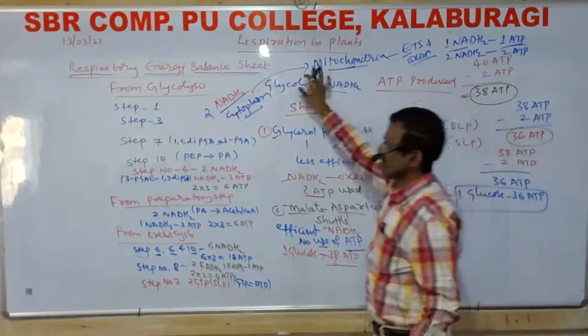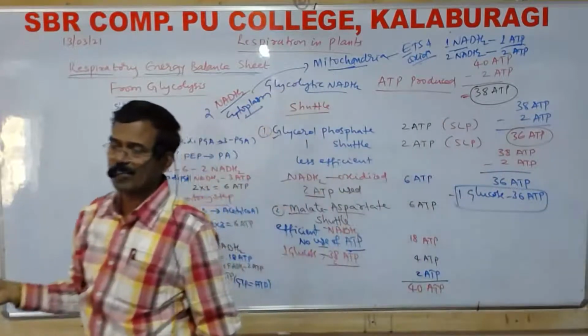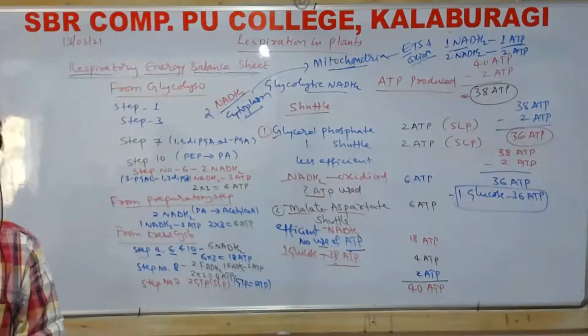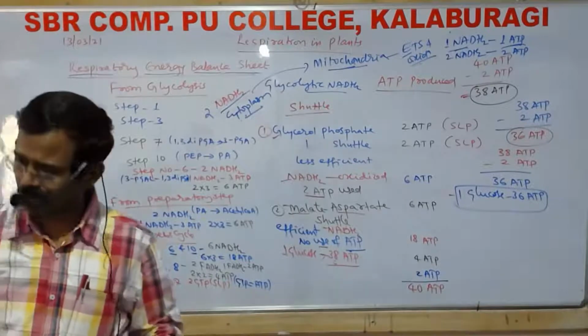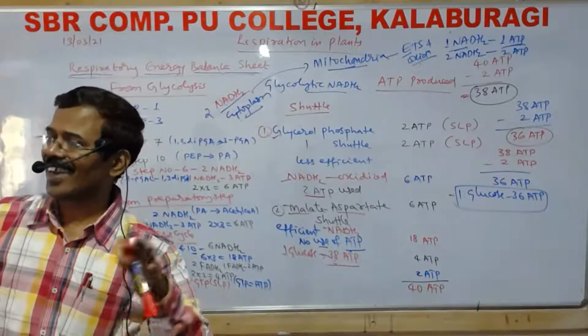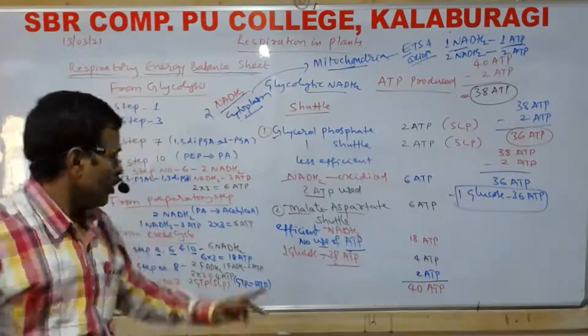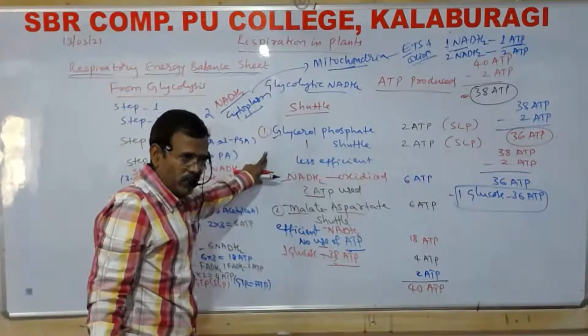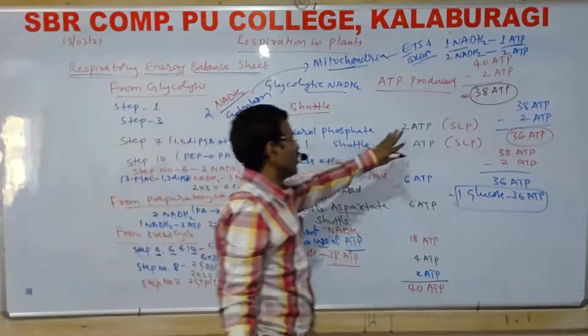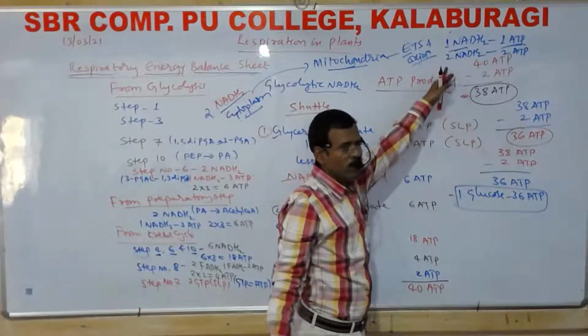But this is the simple meaning. Actually, there will be operation of a shuttle by which cytosolic NADH2 is oxidized. Then it can yield either 36 ATP or 38 ATP. This is extra information you try to remember. Otherwise, just remember the simple meaning.